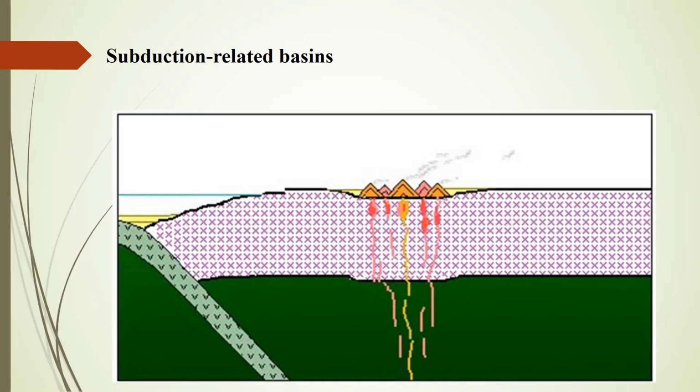What type of plate boundaries are present here? What processes are present here? Can anybody tell me? Oceanic, continental. Convergent plate boundaries. Okay, so the first one we take is the convergent plate boundary, and the second point is we found a trench basin in this one. What else did we find on this figure?